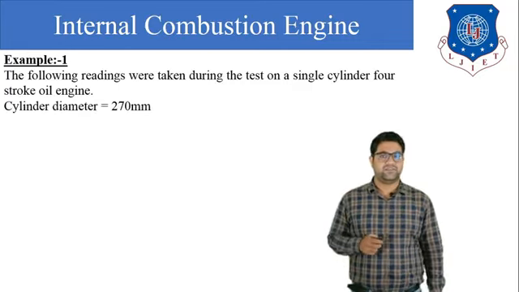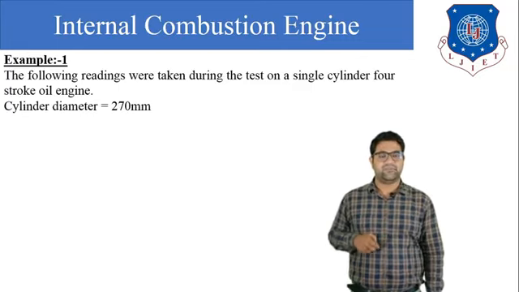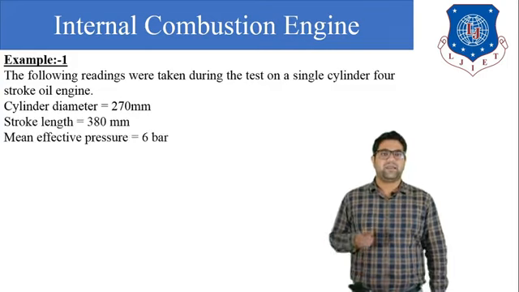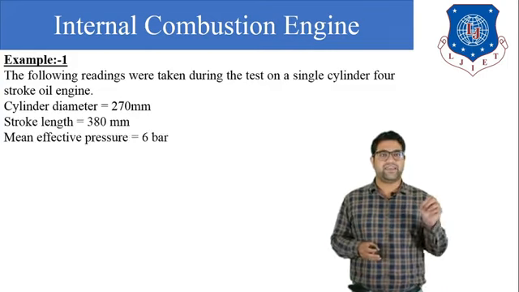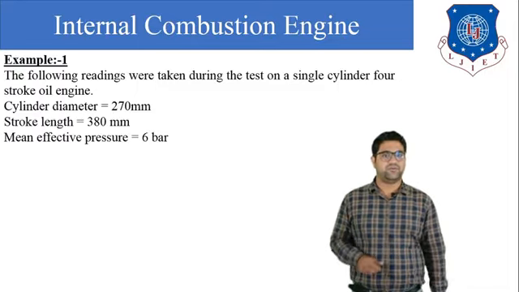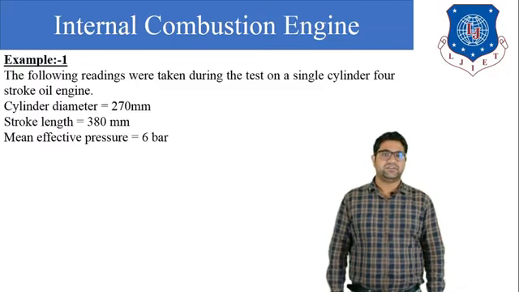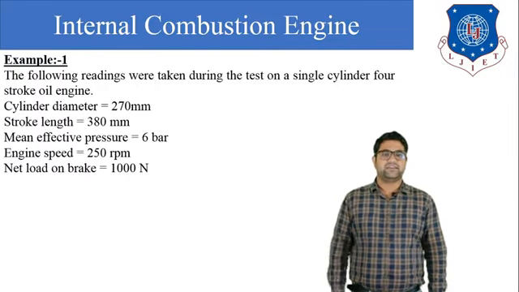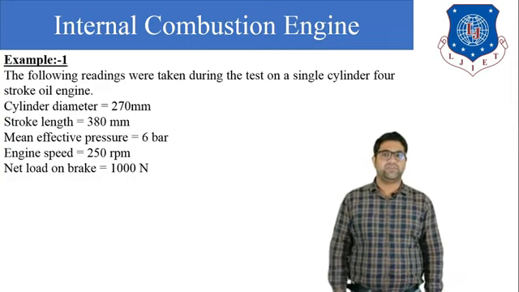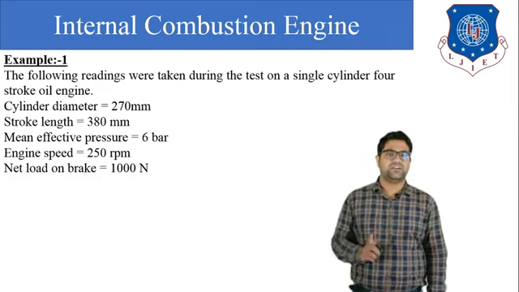Now, what data have they given? First, the cylinder diameter, that is 270 mm. Next, stroke length, capital L, is given as 380 mm. Next, the mean effective pressure is 6 bar. Next, the engine speed is 250 rpm, and the net load on the brake is 1000 Newton.